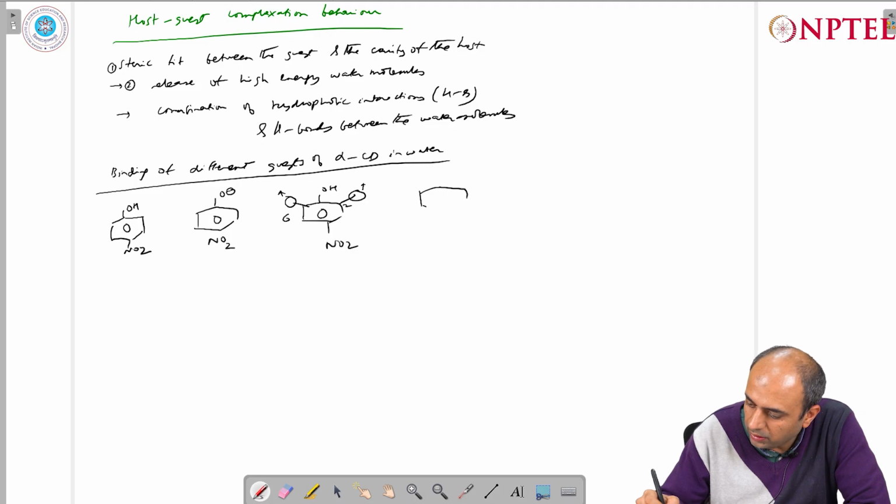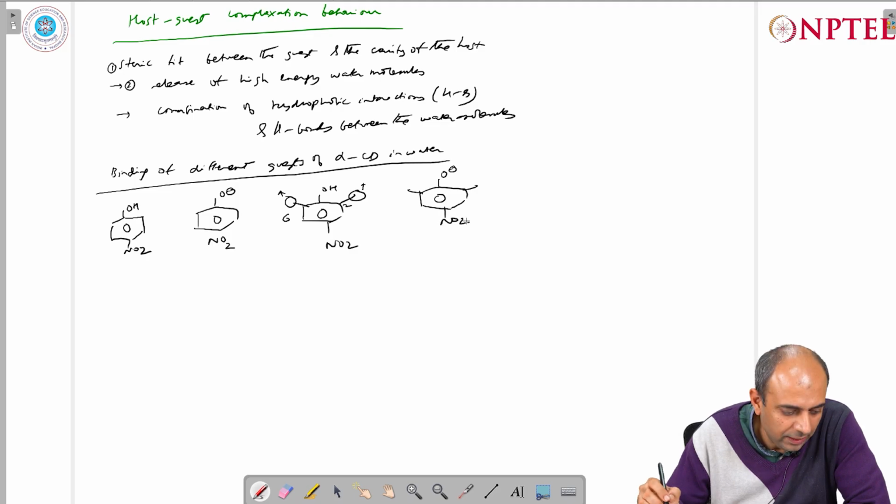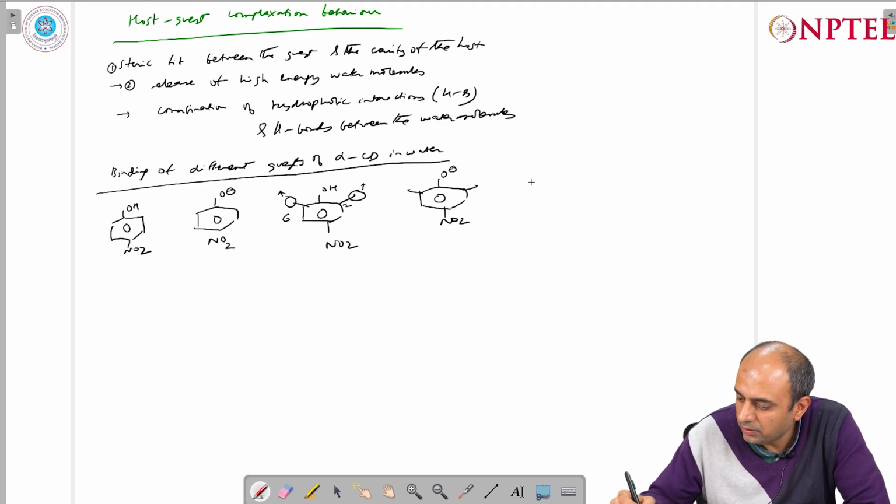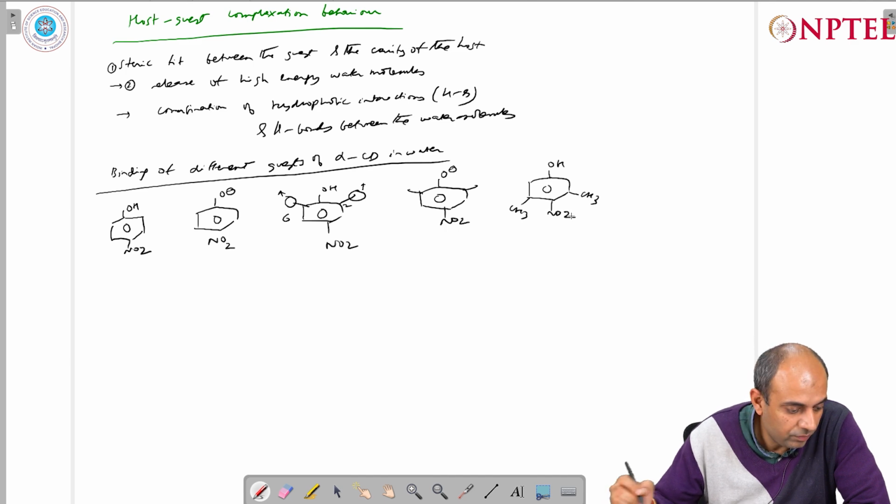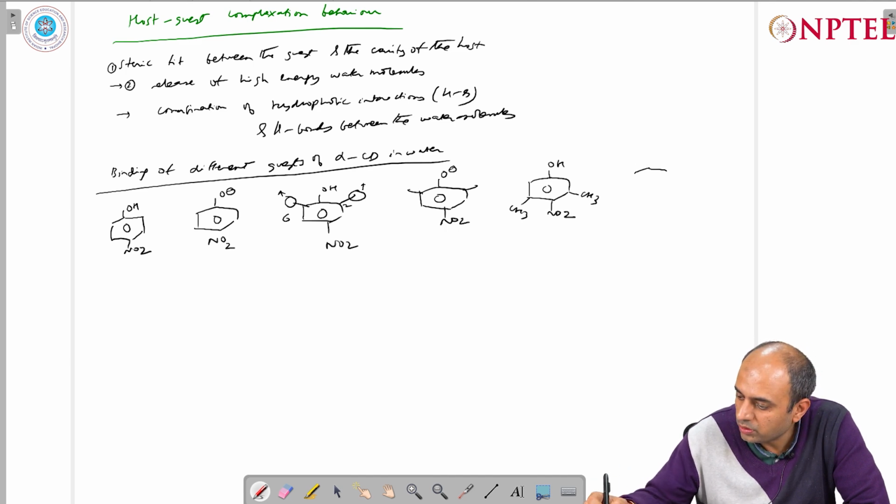We take the corresponding phenolate ion as well, and then we change the position of the methyl groups to 3 and 5, and also take the corresponding phenolate ion for these compounds.